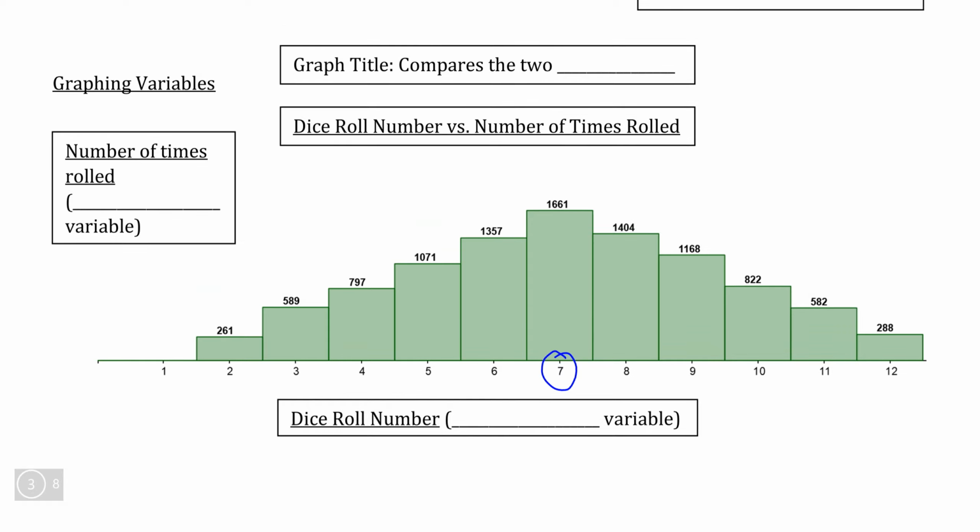Now, when we graph this data, the location of our dependent and independent variable need to be very specific. So we can see that on the horizontal, which in mathematics is what we call the x-axis, this is where the total dice roll number is.